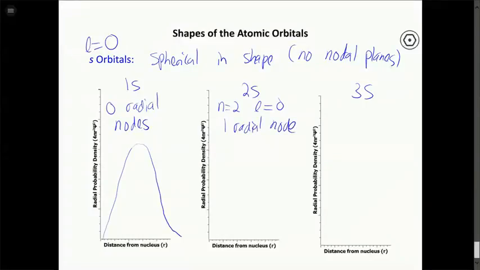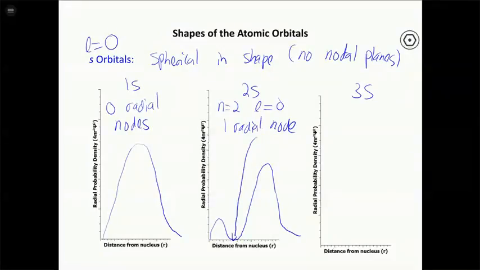And the shape looks like this. You have a little maximum here, you have a place where it goes to 0, and then you have another maximum farther out. Okay? And this is your 1 radial node right here. This spot where the wave function, or the probability distribution more specifically, goes to 0, where it touches the x-axis.